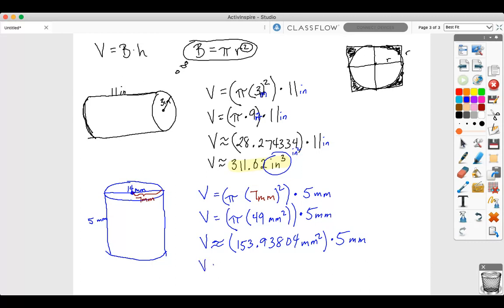And then this is going to give you a final answer of 769.69, remembering to round to 2 decimal places. And now you have millimeters squared times another millimeters. Remember, millimeters squared is millimeters times another millimeters, so it is millimeters cubed. To the third power now, because you have 2 and then 1 more.